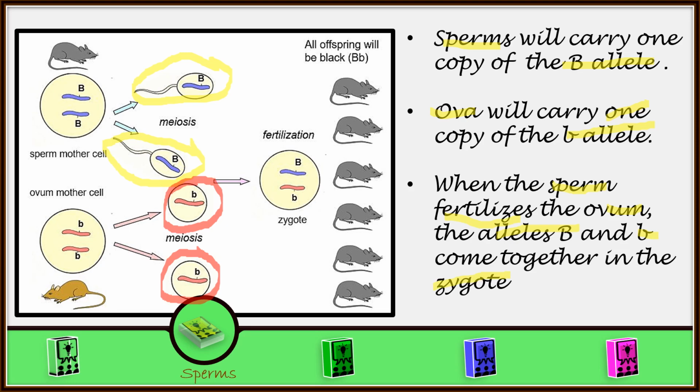So these two, one coming from the sperm and one coming from the ovum, are going to unite and produce a zygote, which has now a combination of allele capital B and allele small b.